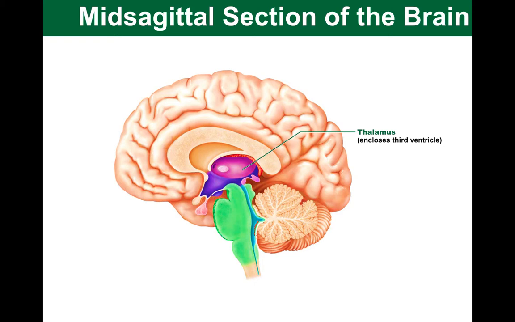Some of the functions that are closely associated with this structure include emotions, visceral functions, direct motor functions, as well as integration of memory and sensory information. So in a way, you could say that this is where whole experiences are created.